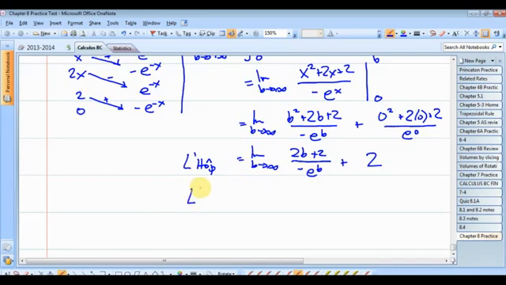Let's L'Hopital again. This is 2 over negative e to the b plus 2. This is no longer indeterminate. As b approaches infinity, e to the b approaches infinity, we have 2 over a very large number, which is 0.